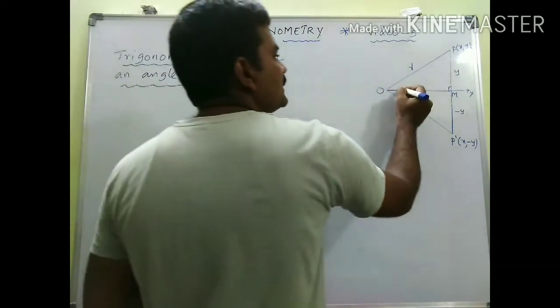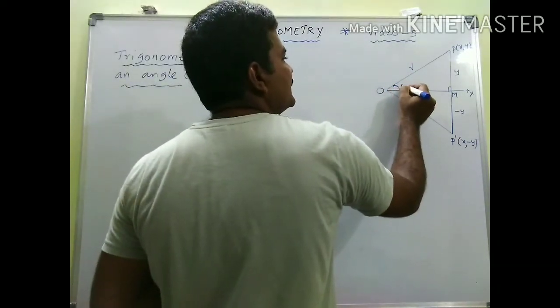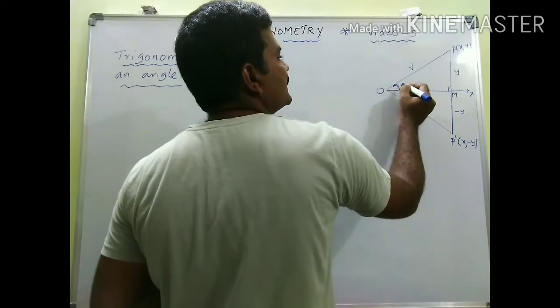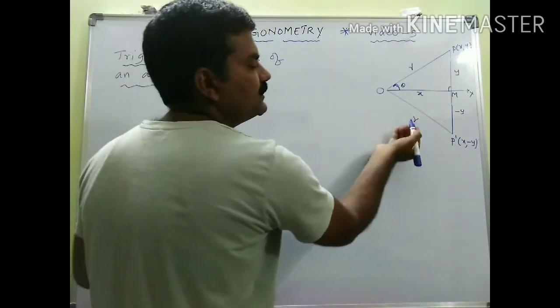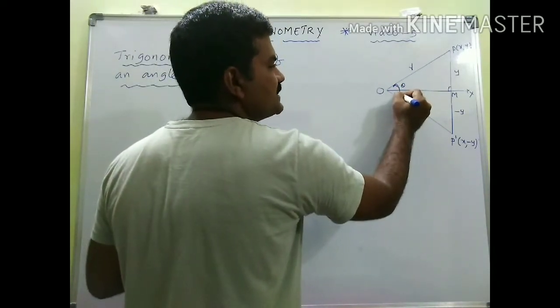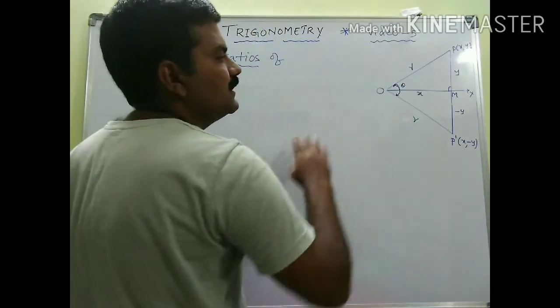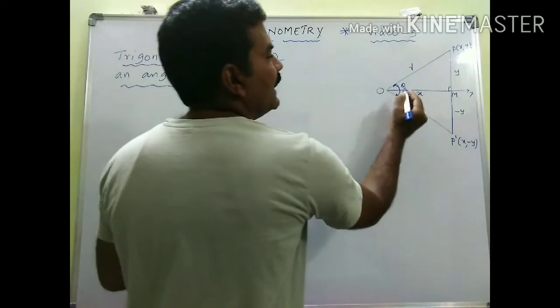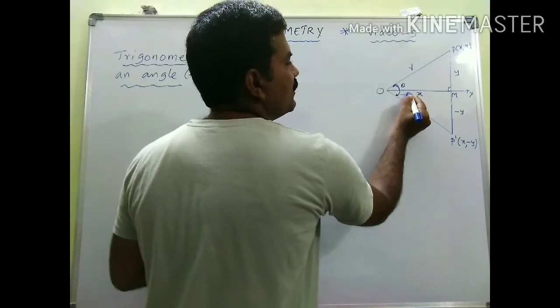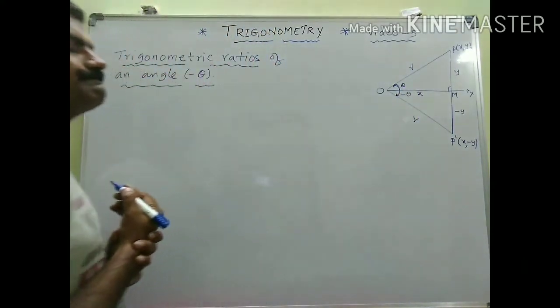Let us assume the angle of rotation is theta, and coming downward, the direction is clockwise, hence theta can now be negative, minus theta.